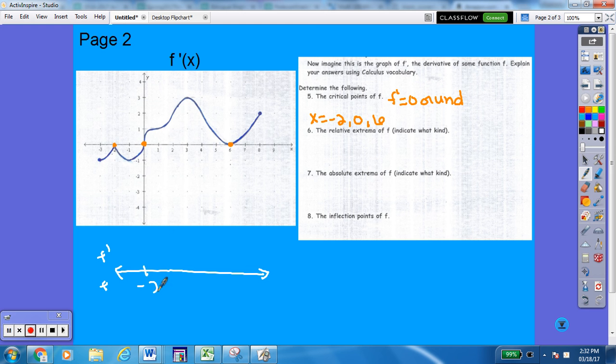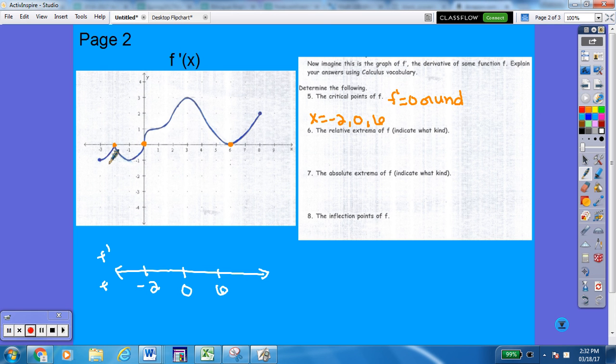So I have -2, I have 0, and I have 6. Okay? So I have those 3 points. And I'm going to just take a look at the graph and determine whether the derivative is positive or negative. Since this is the derivative of f, we are not looking for direction, we're simply looking for the actual y values. Each of these values represent the derivative.